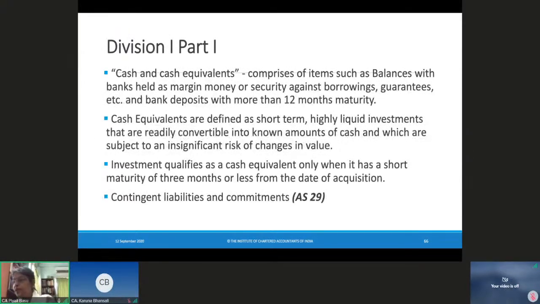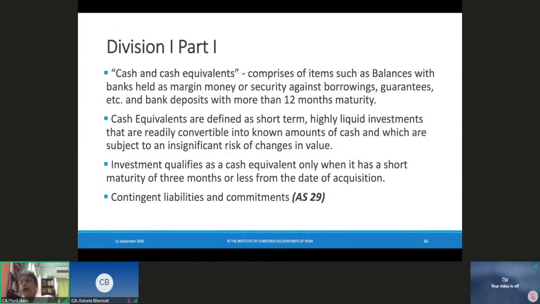Item-wise default we have to give. Trade payables, we know, are basically sundry creditors, and for other long-term items we have to decide whether they are payable within 12 months; if not, they are long term.